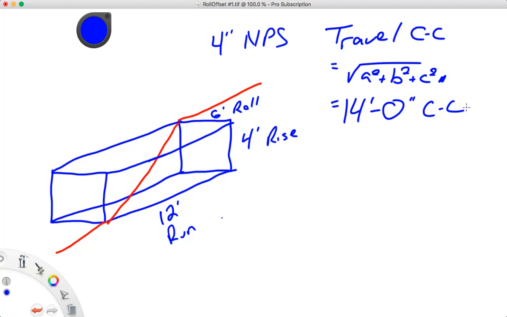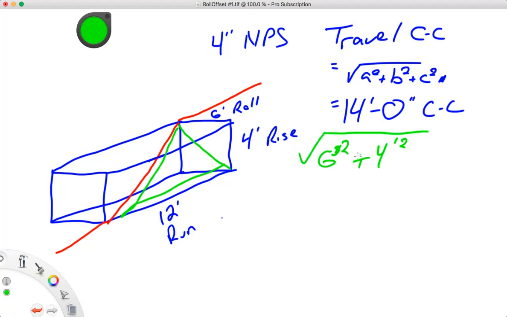Okay, now we got to figure out what our angle is so we can get our end-to-end measurement. Since we know, let me change the color up here. We now know this side of our triangle. We know this side of our triangle. Now we've got to figure out that side of our triangle. Okay, again, we're going to use a squared plus b squared, so that will be 6 foot squared plus 4 feet squared, the square root of that.